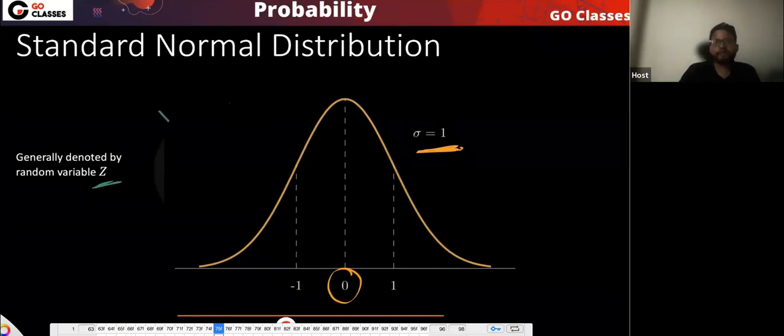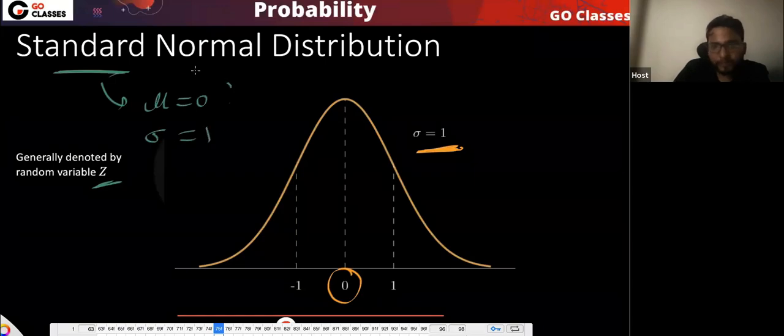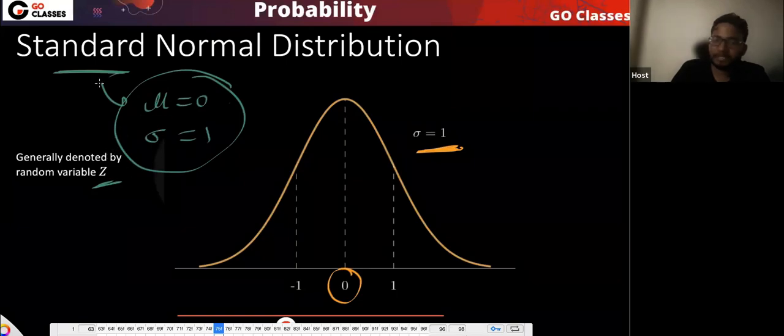But I will say this random variable is denoted by Z if it is following the standard normal distribution. You can say X, but generally we say Z. So basically, a standard normal distribution means mu is 0 and sigma is 1.